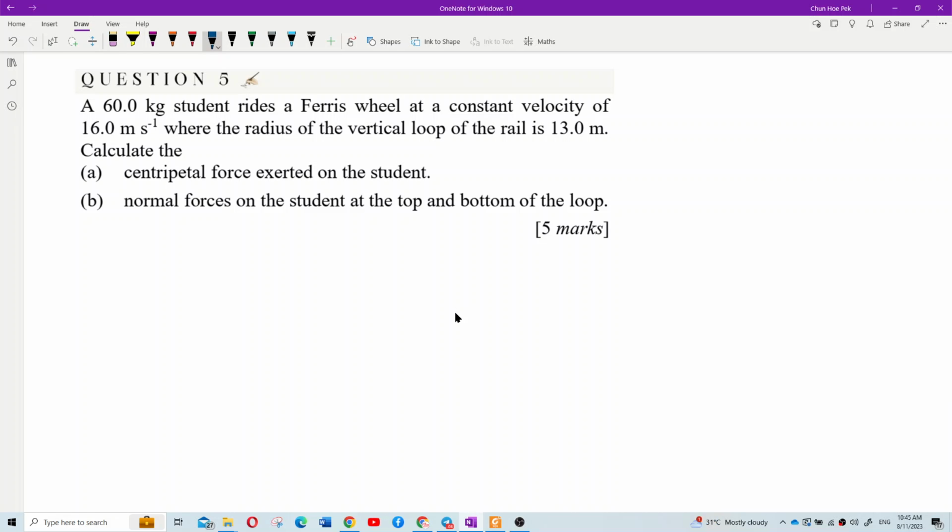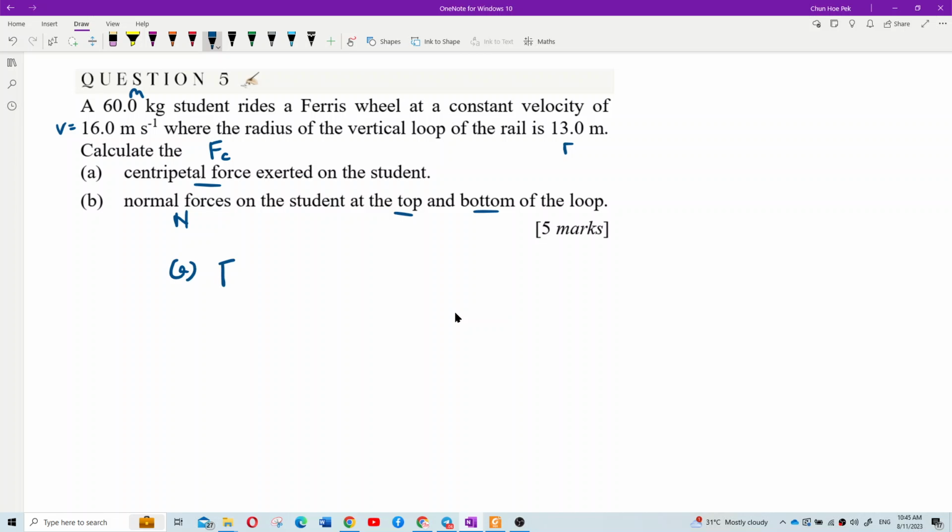Question 5. A mass of 50 kilograms, constant velocity V, radius, and centripetal force. To find the normal force also at the top and at the bottom. Constant speed. So this is an easy question. That's why I can do it.